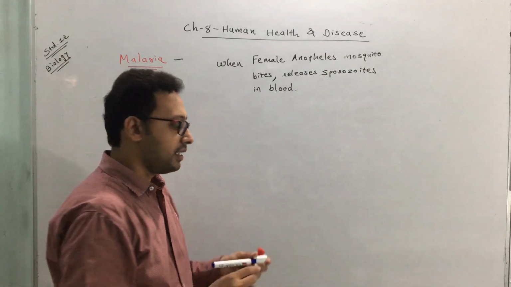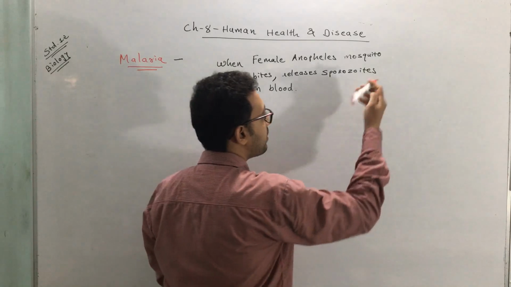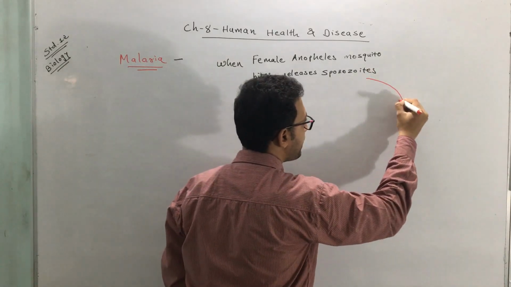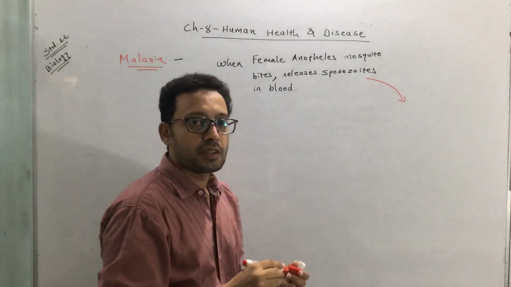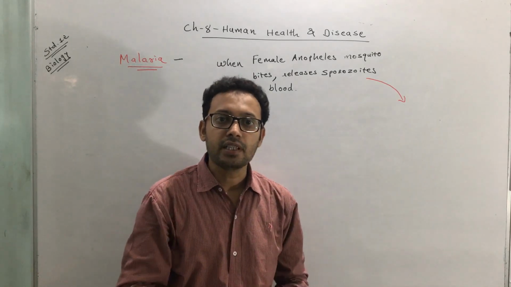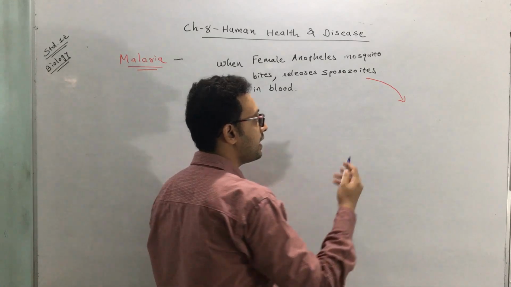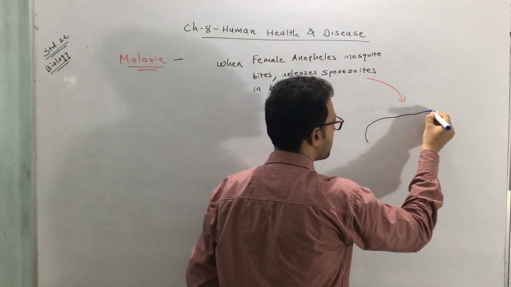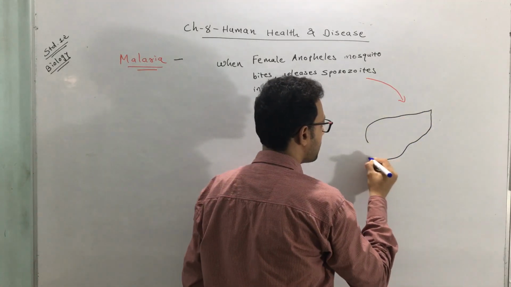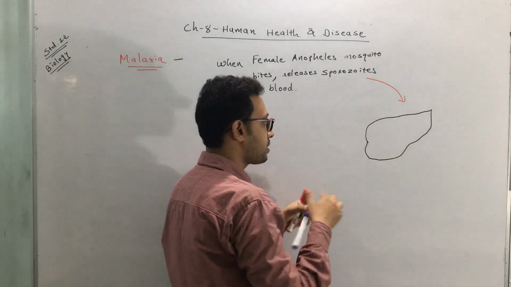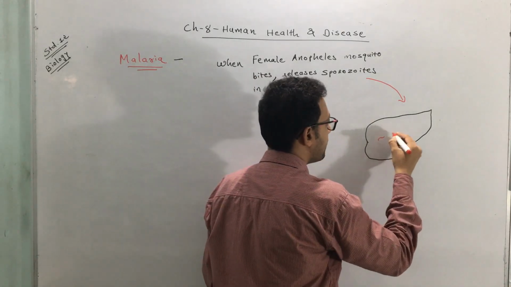Now you know that this blood is continuously circulating in our body. So the sporozoites which are released in the blood are also circulating, and they enter the liver.